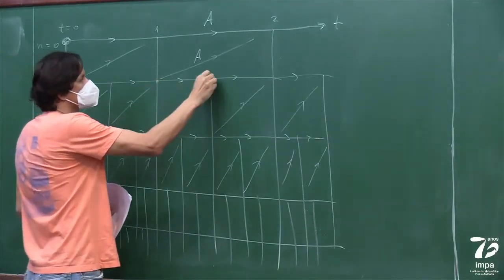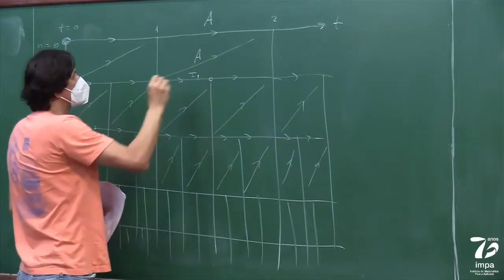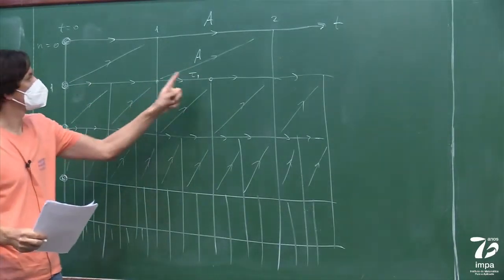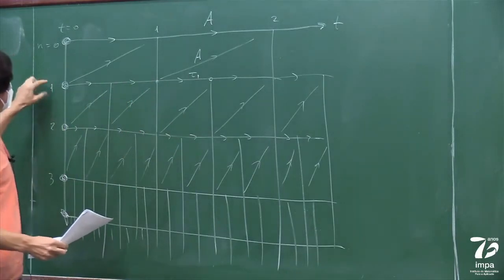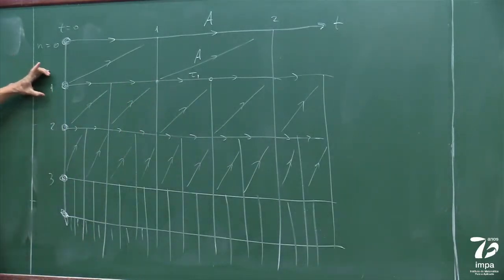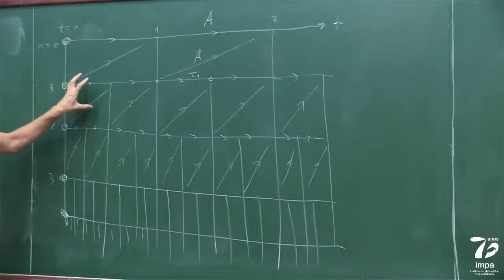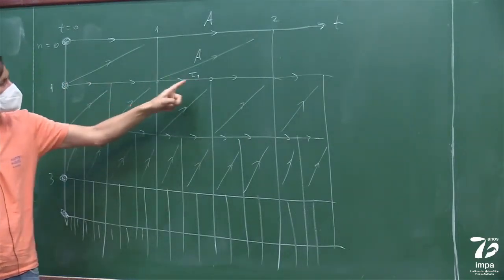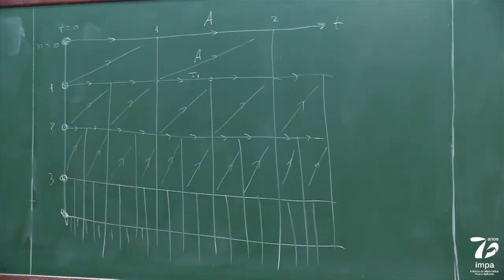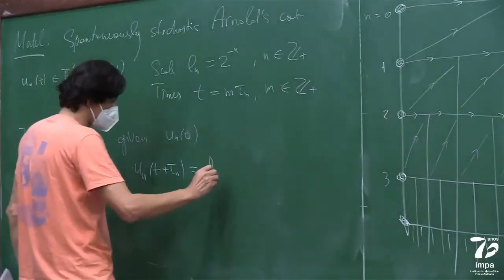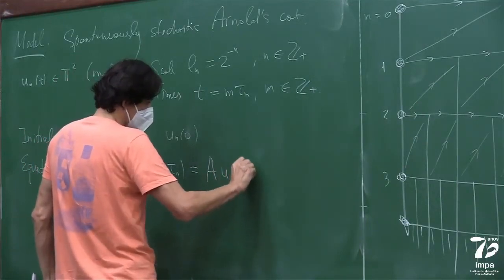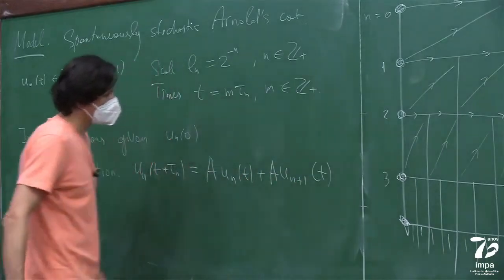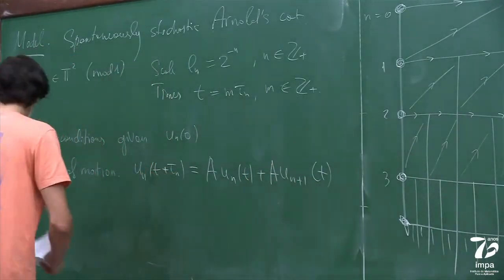So if we start here, we go to this point, and this is tau 1 in this case, right? It's 1/2. Here it will be 1/4, 1/8, and so on. So in one turnover time, the smaller vortices make turnover at smaller times. So the value here is taken from this one and from this one, with additional action of the Arnold cat map.